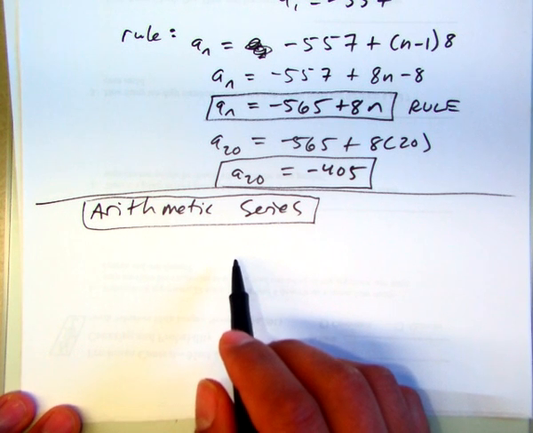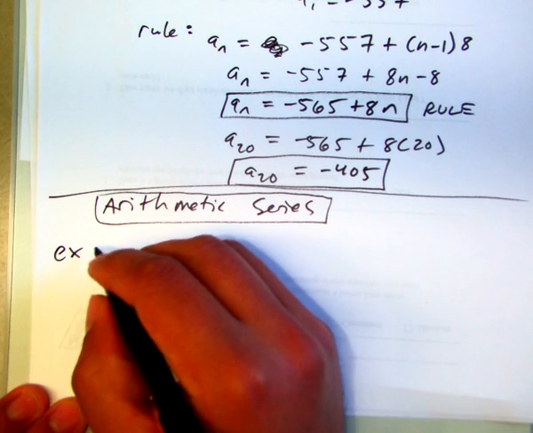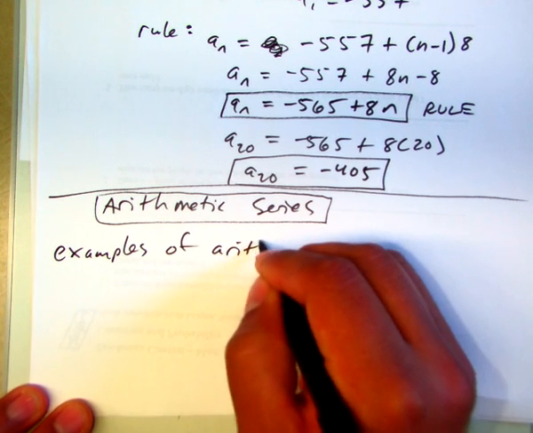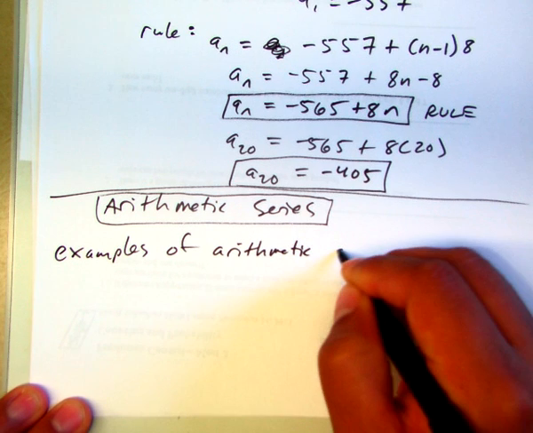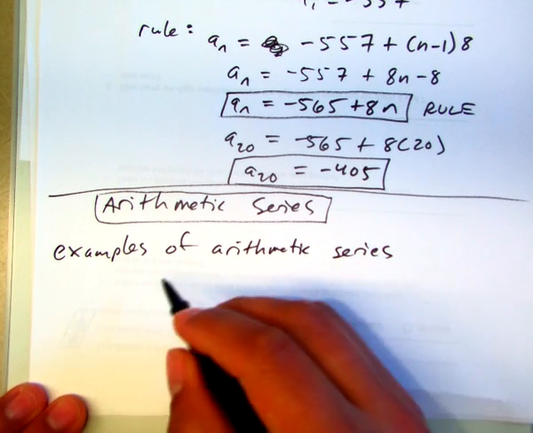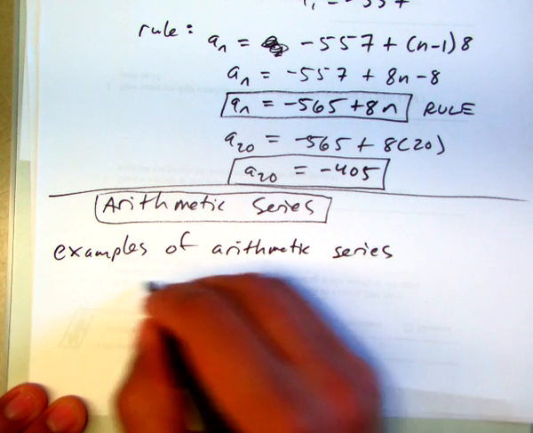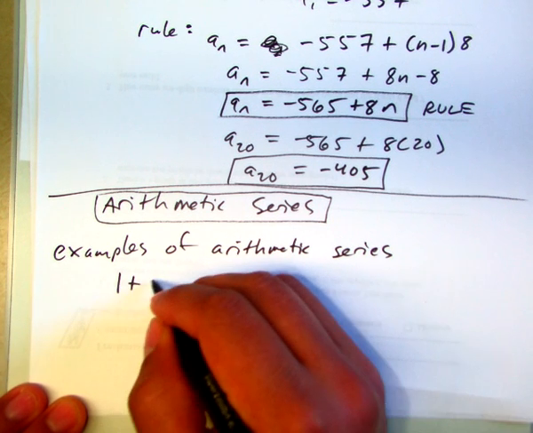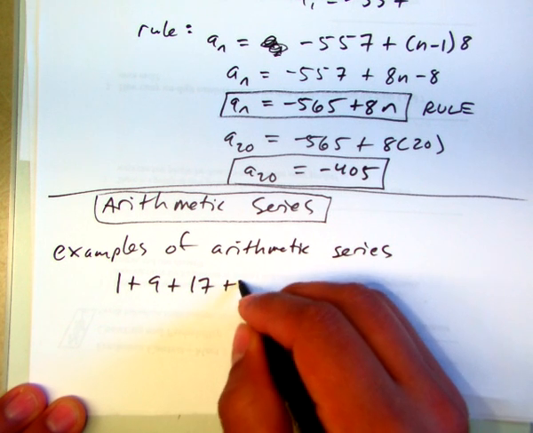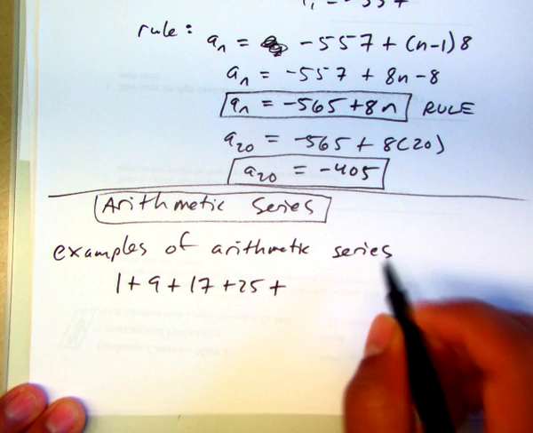Okay? So here are some examples of arithmetic series. And then we'll actually go ahead and compute the value of each one. Okay, so one example would be 1 plus 9 plus 17 plus 25 plus 33.